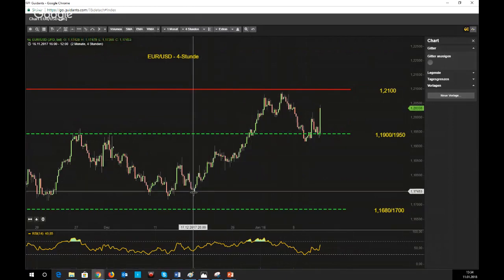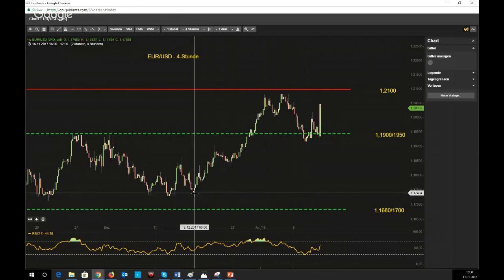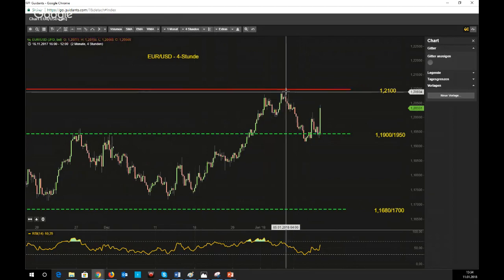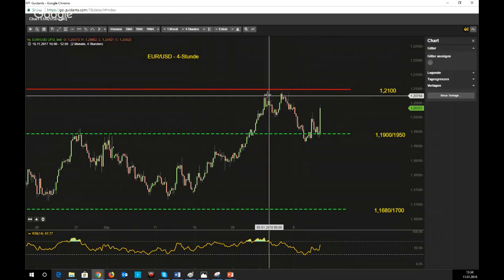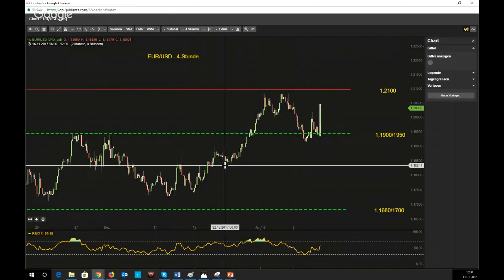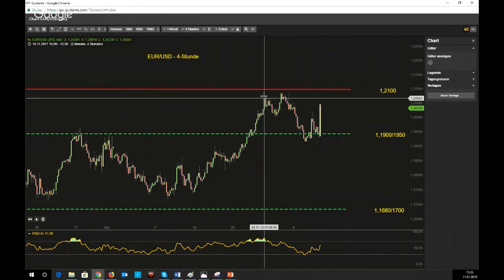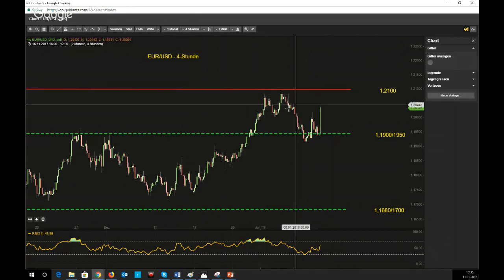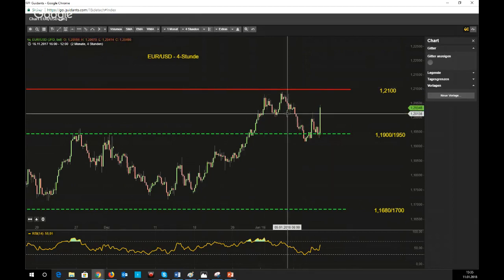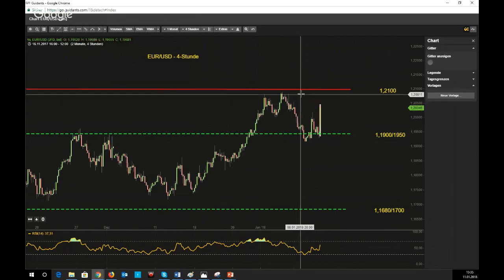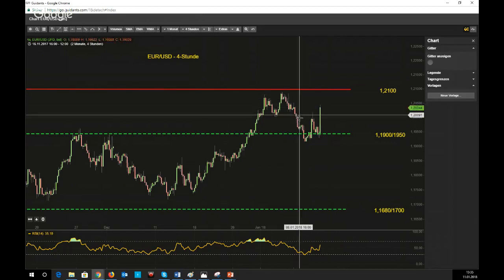Euro USD started to take off around one week before Christmas, traded around 1750, and then pushed as high as 121 in the days before Christmas, and then between Christmas and New Year's Eve the market already priced in US dollar weakness. So this development around the NFPs didn't come with such a big surprise, and the market did not significantly break above 121, but in fact sold off from here.